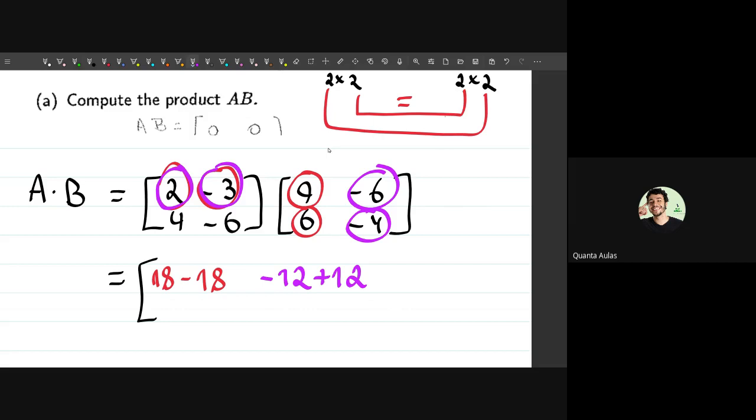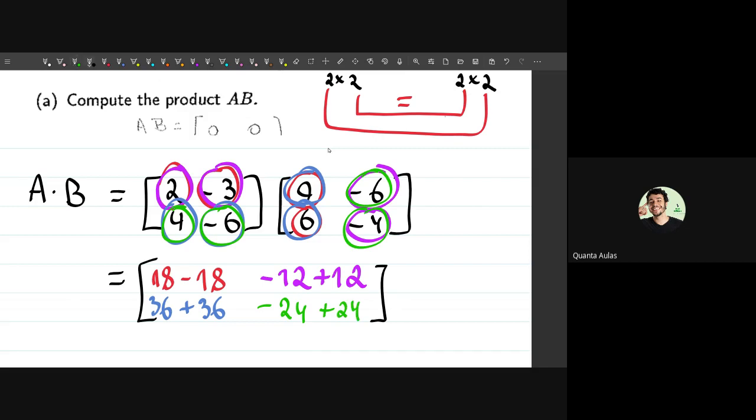Let's go to the final part of this matrix. We have 4 times 9, this is 36, and minus 6 times positive 6, so minus 36 again. And for the last time, minus 24 plus 24.